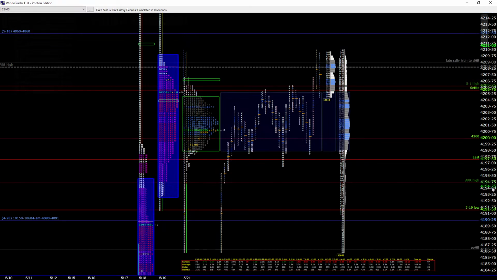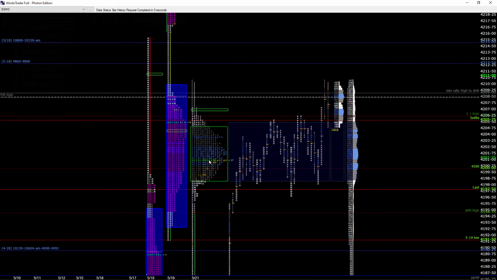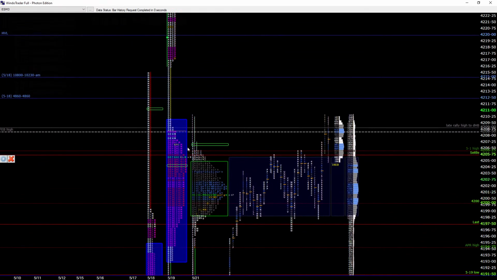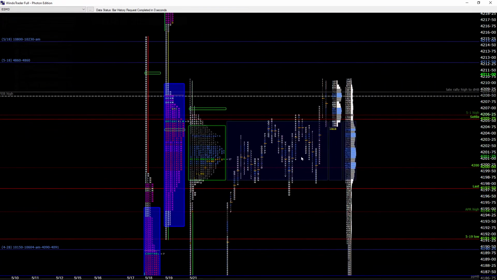Notice where this low was, right at April high. And very wide overnight POC. And 100% short, meaning that all of the trade that happened during the overnight was below zero.